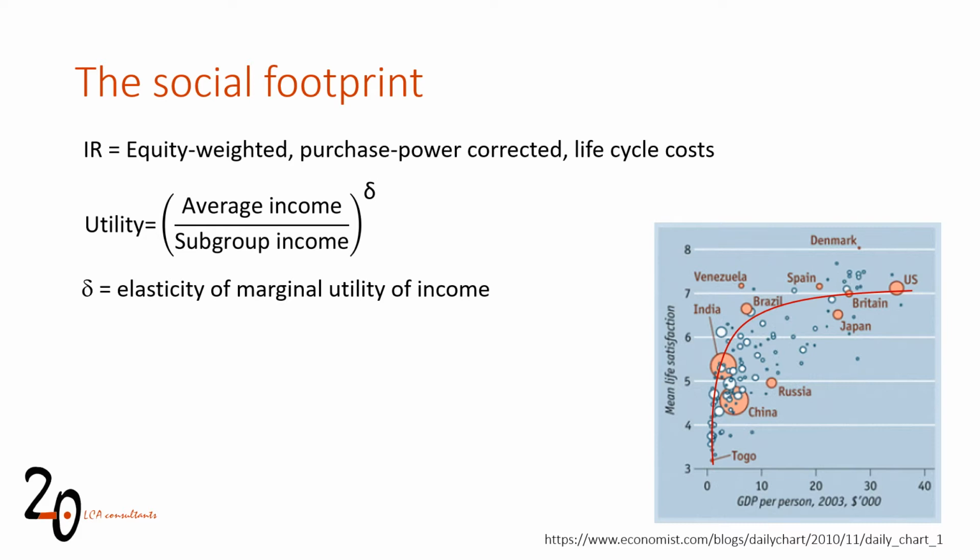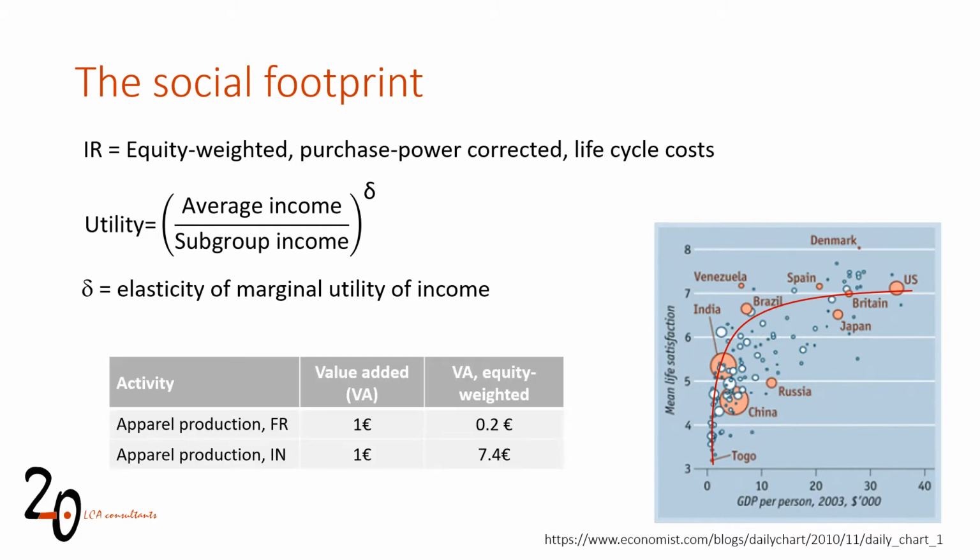So typically, this utility decreases as income increases, which is what you see in this figure in the bottom right of the slide. The slope of the utility curve corresponds to the elasticity of marginal utility.